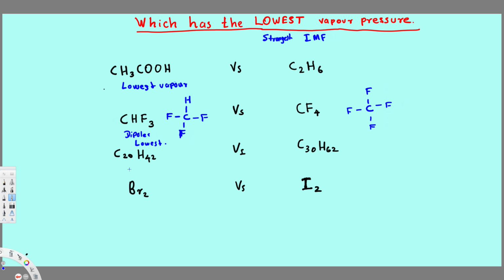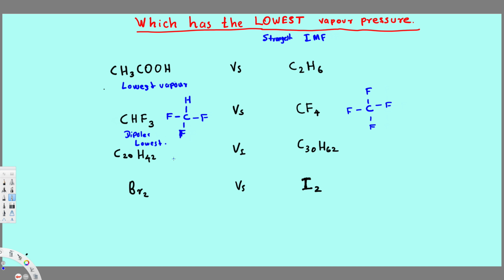Let's look at the next one. We have C20H42 and C30H62. Both of them are combined with carbon and hydrogen, so both are going to have London dispersion force. But let's see how we can determine the strongest intermolecular force. If you look at the carbon number, it's 20 here and 30 here.